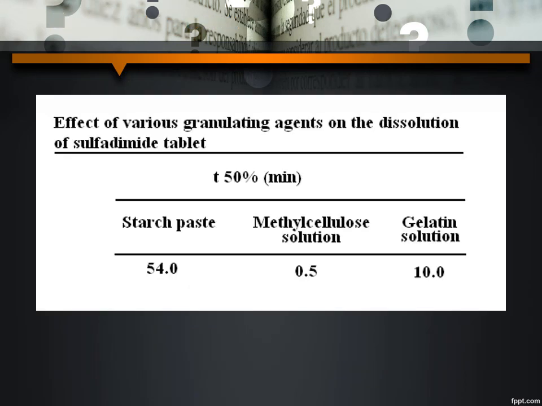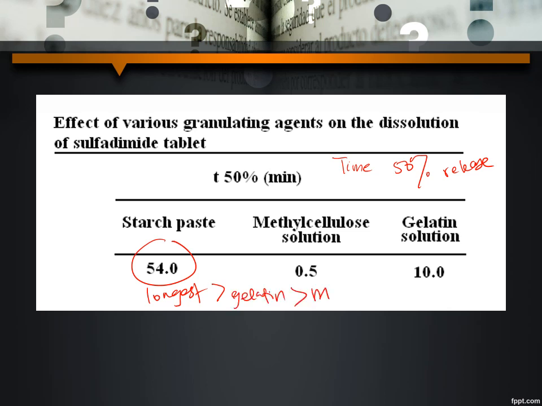This table shows the effects of various granulating agents on dissolution of sulfadimide tablets. Okay, the T50 is the time taken for 50% of drug release. In this case, if you can see, starch paste takes the longest time, followed by gelatin, followed by MCC.